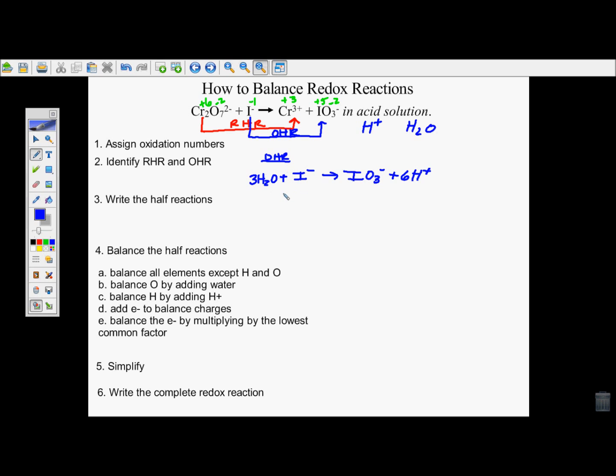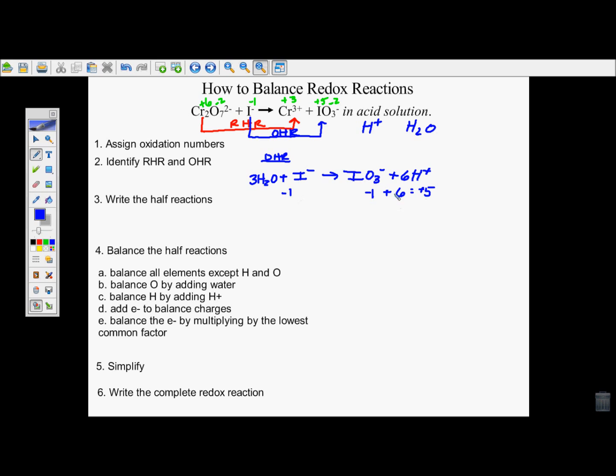So on this side, the only charge we have is -1. Over here, though, we have a -1 charge for iodine trioxide, because of this right here. So this is -1. But then we have +6 from our 6 hydrogen ions. So -1 plus 6 gives us +5.